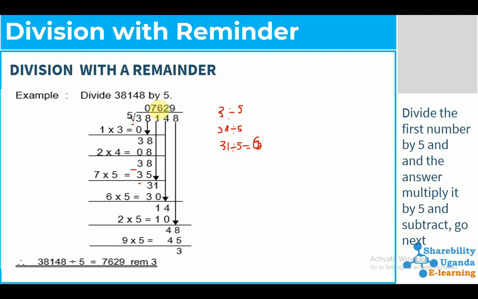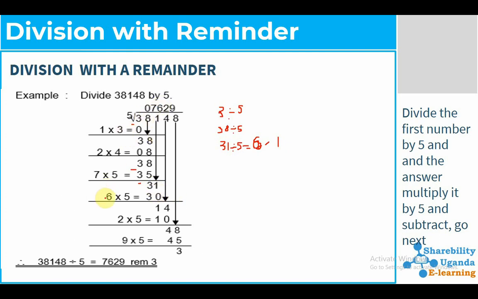When we say 6 times 5, we get 30, and we remain with 1. There is a remainder 1. When you divide 31 by 5, you get 6 remainder 1.